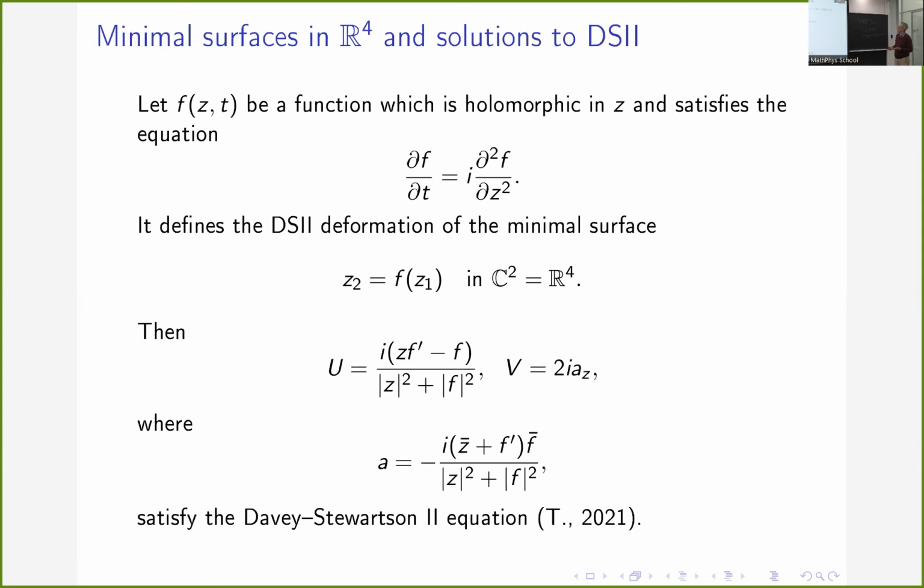Let f be a function which is holomorphic in z and satisfies this equation. This is exactly this one: psi t equals A psi, for u equals 0. It defines the deformation of the minimal surface.